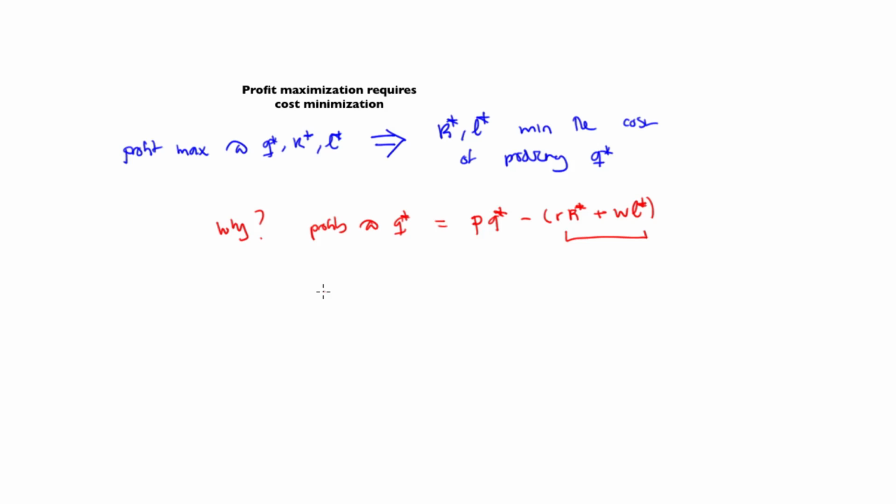What does that mean? It means that we can find another combination, K hat and L hat, with two properties. First, Q star can be produced with them, and second, the cost of them, R K hat plus W L hat, is less than the cost of this.